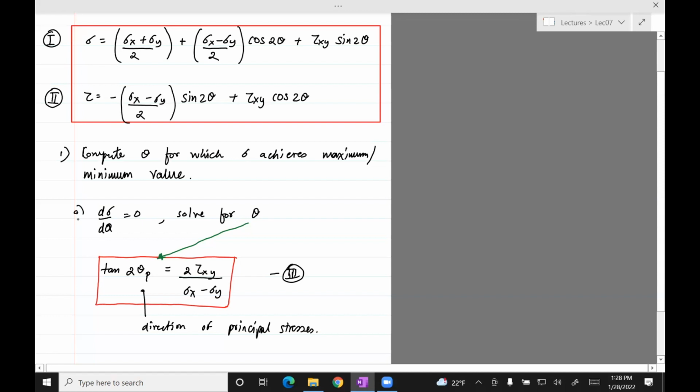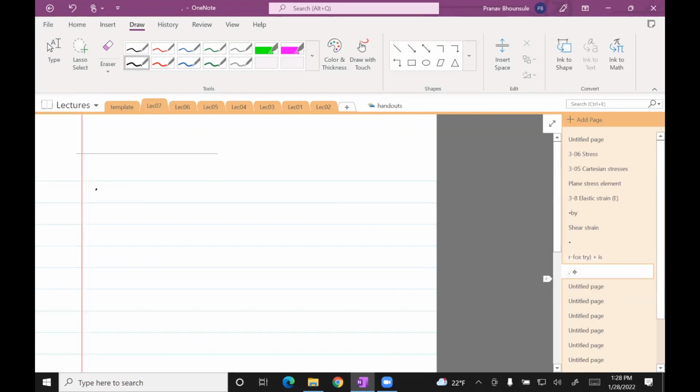So I did A, then B, and this was the answer. So now substitute 3 into 1, which gives sigma.